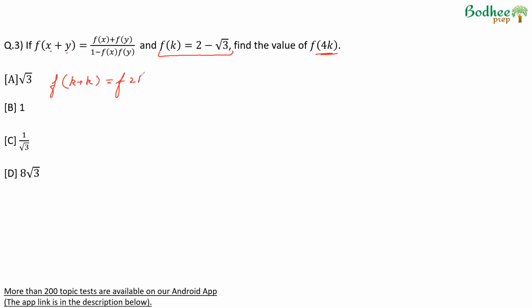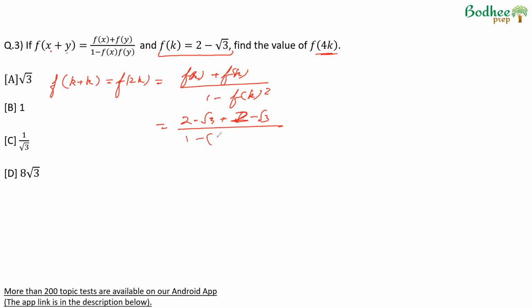So first I'm putting x and y as k and k. So I'll get the value of 2k from here, and this will be equal to (f(k) + f(k)) / (1 - f(k)²). Now, instead of using this value of 2k and then putting 2k plus 2k, let us first solve this. f(k) is 2 - √3, so (2 - √3 + 2 - √3) / (1 - (2 - √3)²).